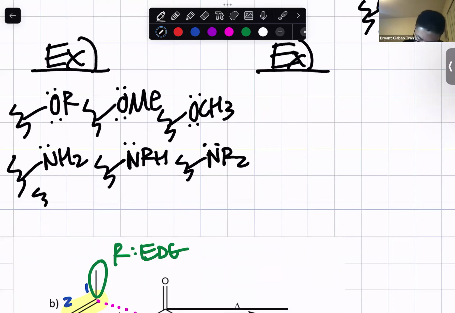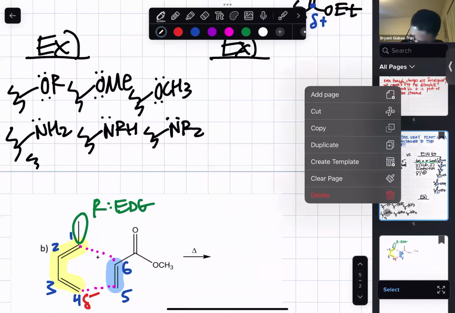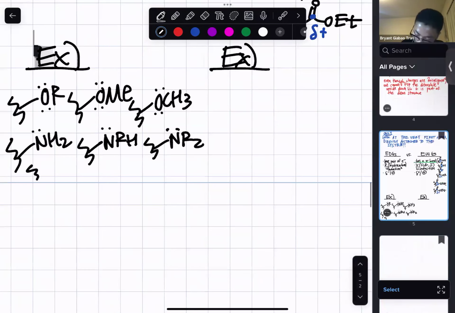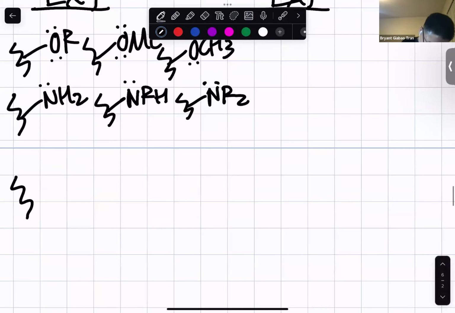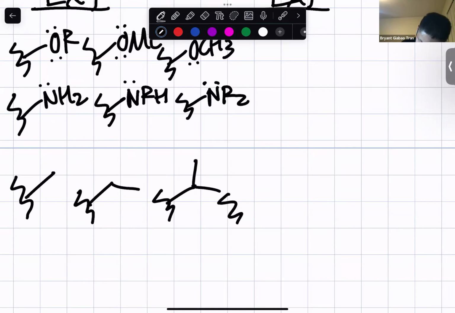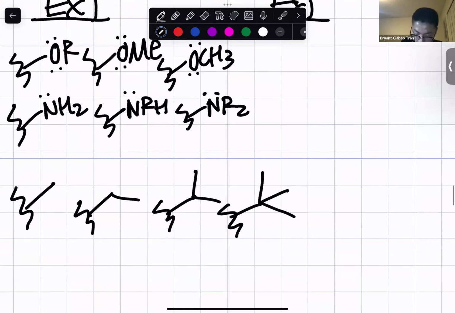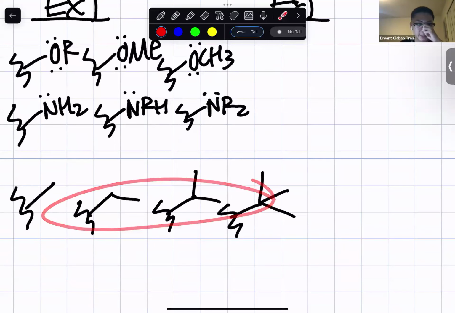Okay, now this is the tricky part here. Let me say, like a methyl group, ethyl group, isopropyl, tert-butyl, like any R group. These are random R groups. They are EDGs as well.